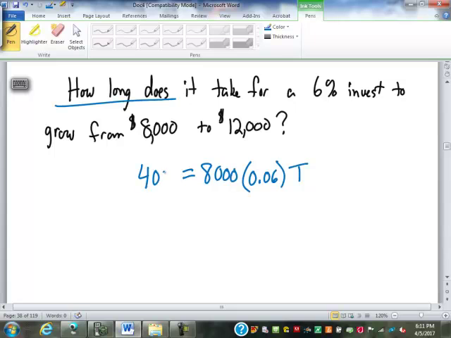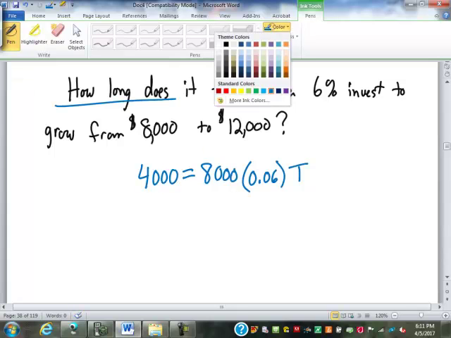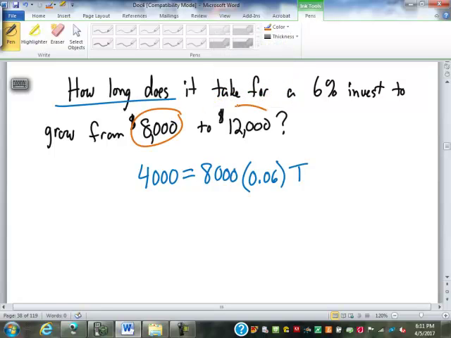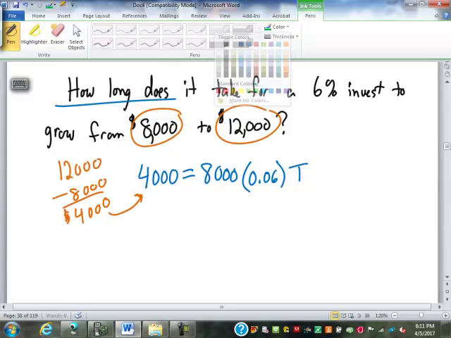Very good. We subtracted the 8,000 from the 12,000 to get that it had to grow $4,000. That has to be the amount of the interest. Any questions so far?